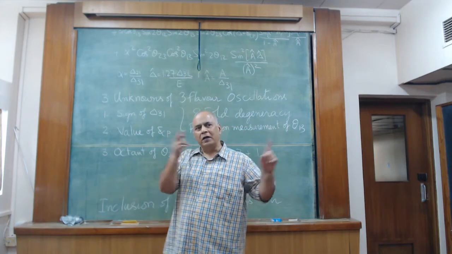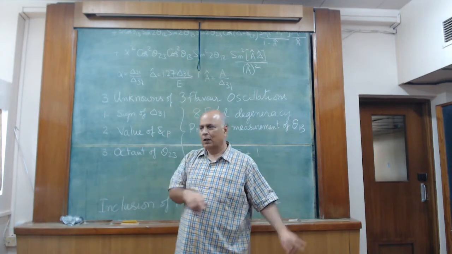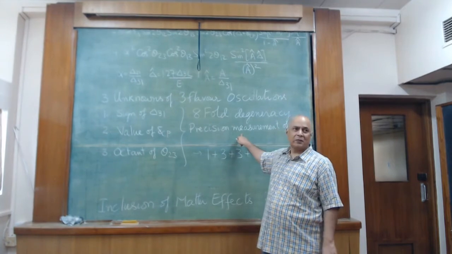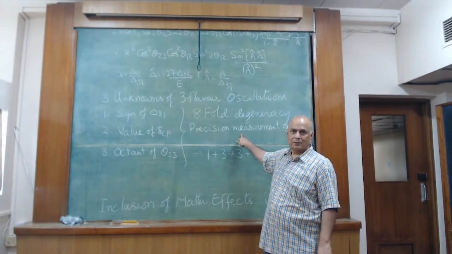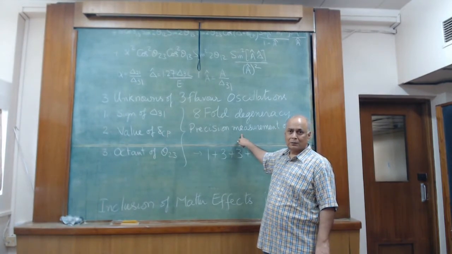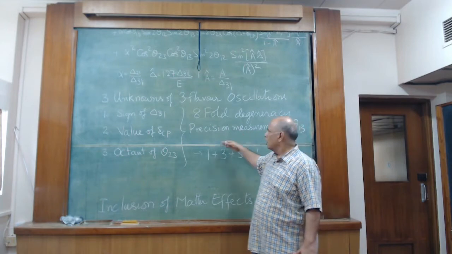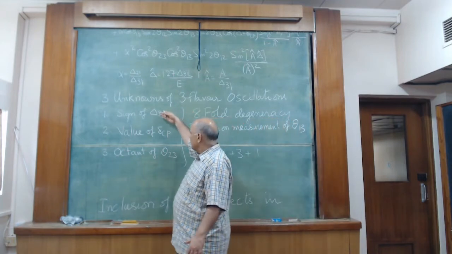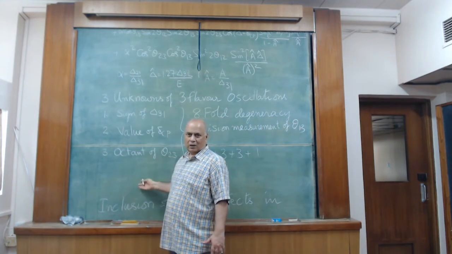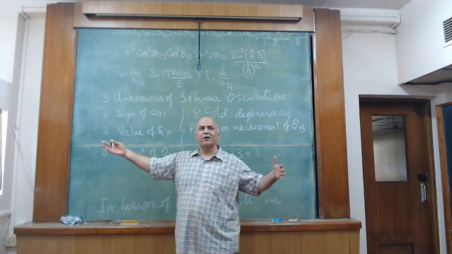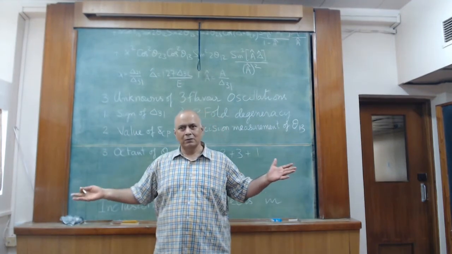But in an independent experiment, I measure theta 13 very precisely. So for 8 combinations of these unknowns, I have 8 different values of theta 13.